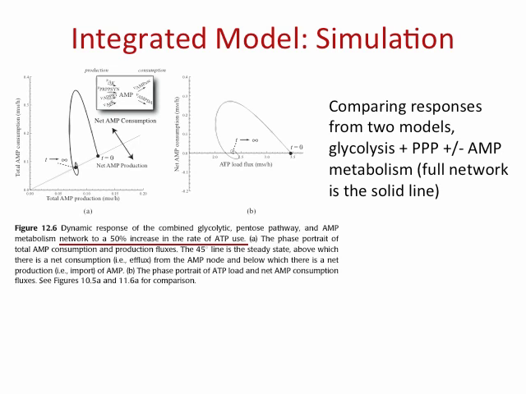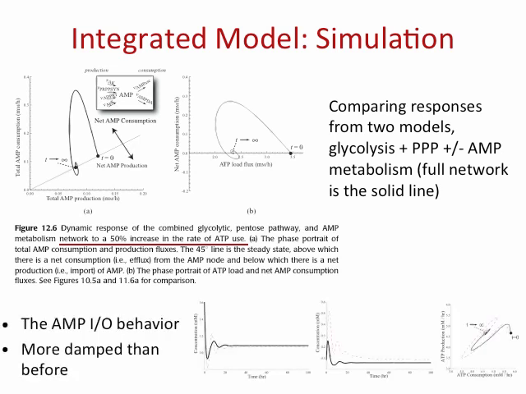With Mathematica, it's relatively easy, and I presume with other packages as well, to obtain the same response from the model combining glycolysis and the pentose pathway, and comparing that response to this model that includes the AMP module. So we can basically plot the response plus minus the AMP module. And this is what you get.